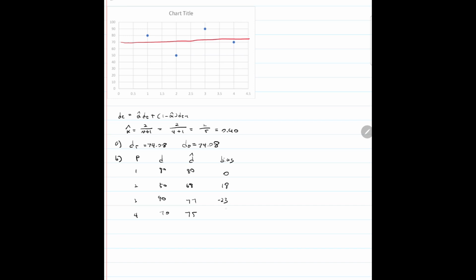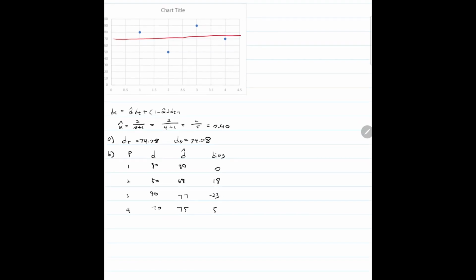Okay, 23, 5. So period 2 was 18 overestimated, period 3, 23 underestimated. Period 4, which 5 overestimated.